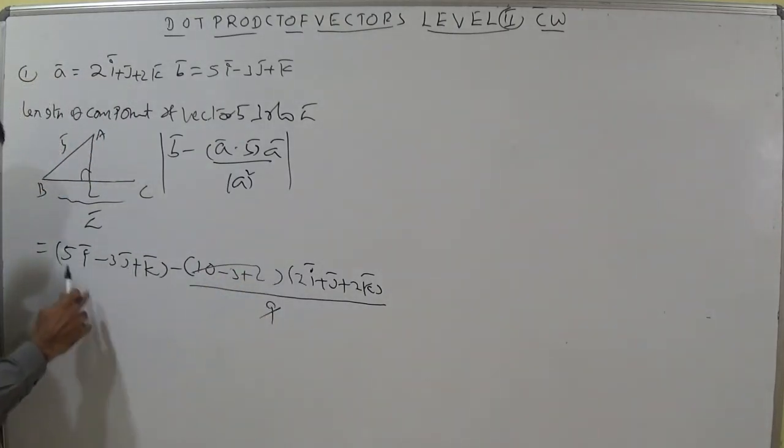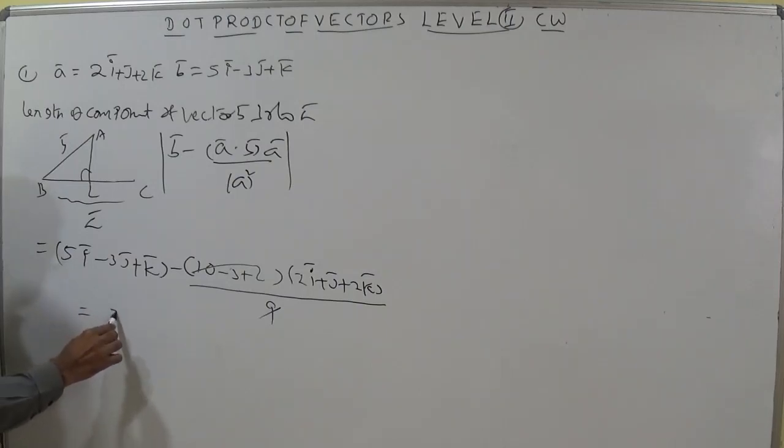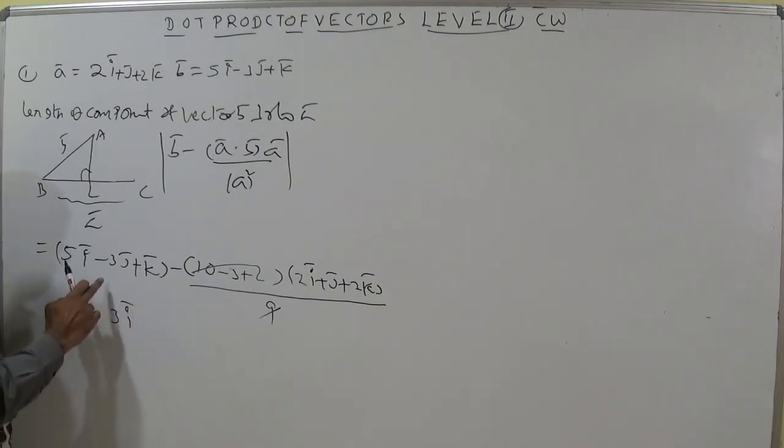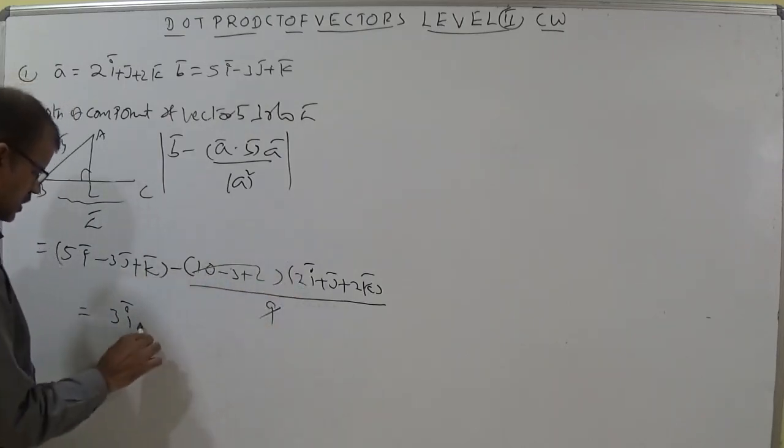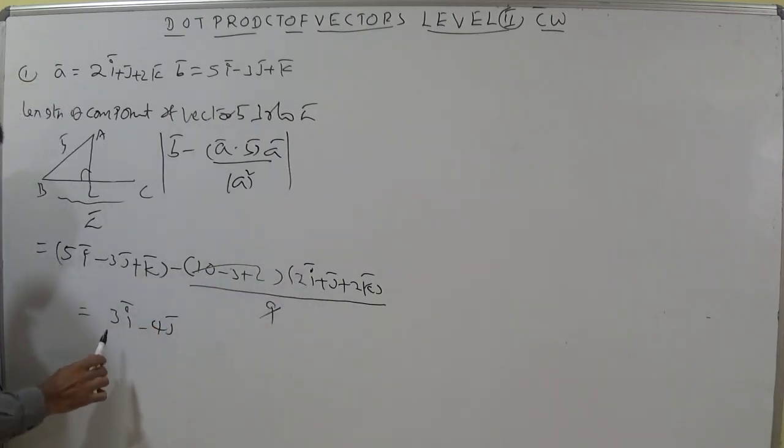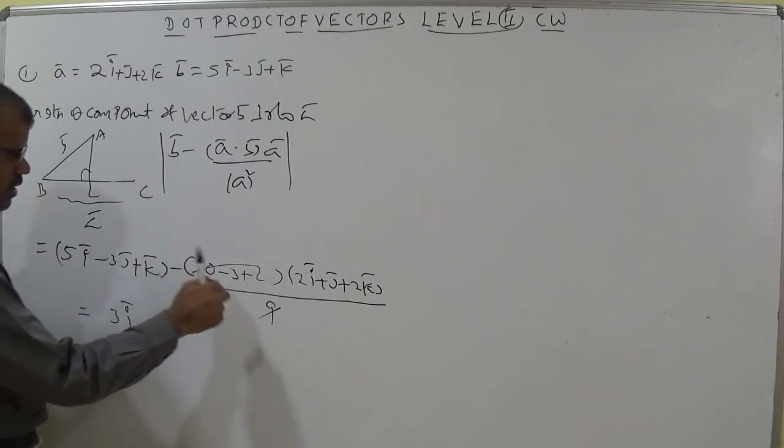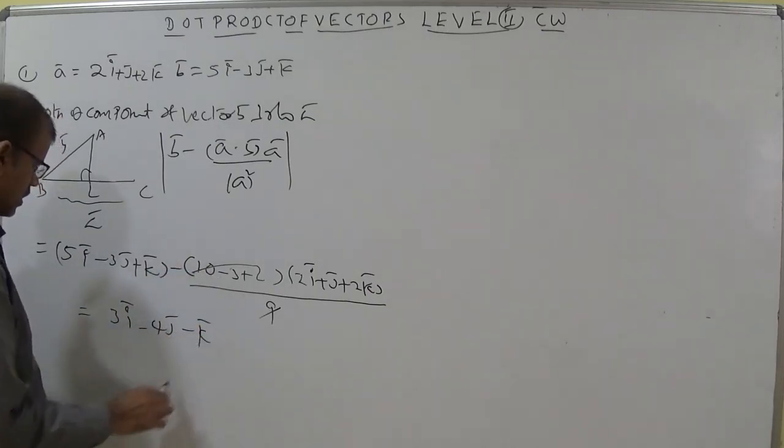So you subtract this vector from B bar. 5i minus 2i is 3i, minus 3j minus j is minus 4j, and plus k minus 2k is minus k.